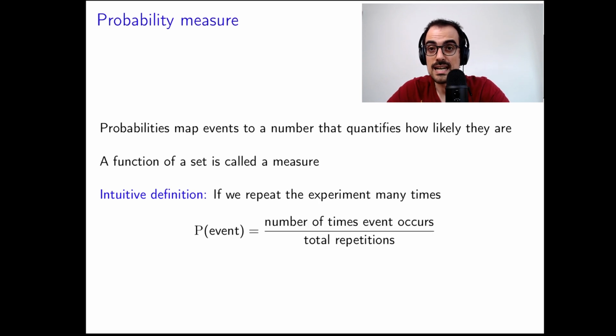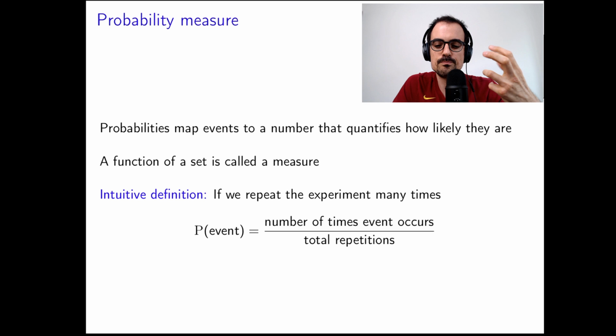Mass is another measure, area is another measure, length, and so on. Okay, so here, and this is really, really important, we're going to start with an intuitive definition of probability measure, not with a mathematical definition. We'll get to the mathematical definition later on, but in order to see why it makes sense, we need to start with an intuitive definition. Okay, the intuitive definition comes from what we want to capture with probabilities. What we want to capture is the following.